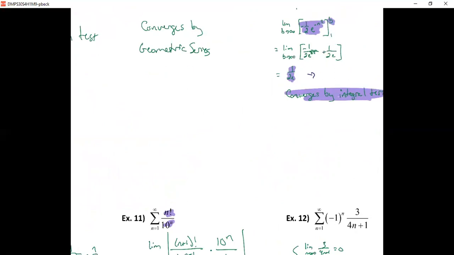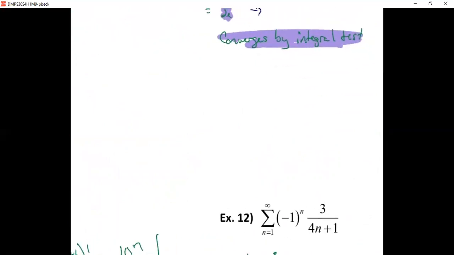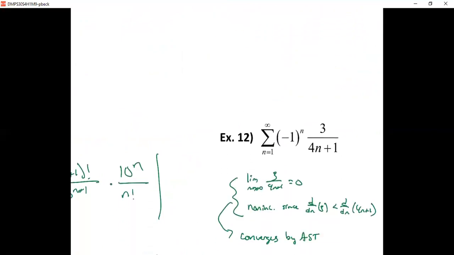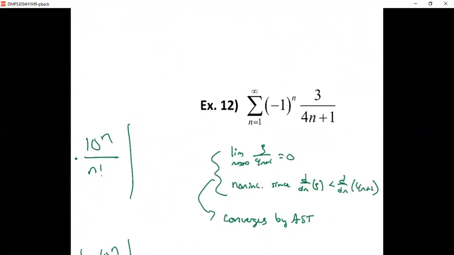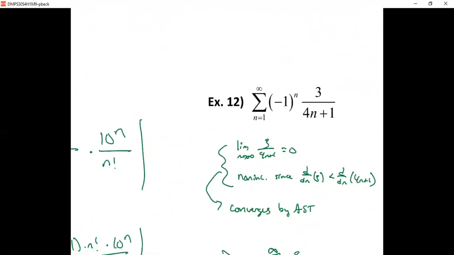And finally, example number 12. Negative 1 to the n times 3 over 4n plus 1. This one just screams alternating series test, so that's what I'm going to do. Once again, I showed the limit as n approaches infinity is 0. This is not increasing. I showed that through the L'Hopital mentality. So by the alternating series test, this does converge.